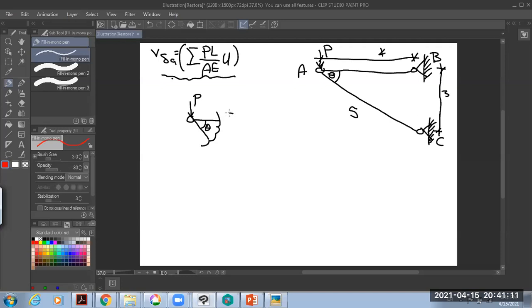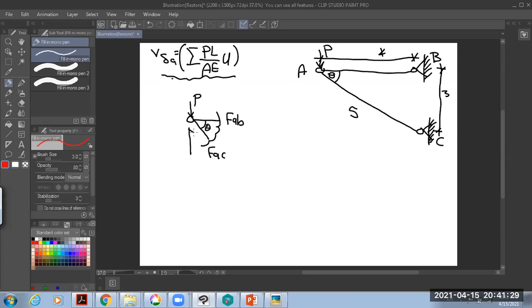This is a joint with two members. Use the method of joints. Now this is force FAB, and this is FAC, and you have a theta here. That means the force FAC is decomposed to vertical and horizontal.